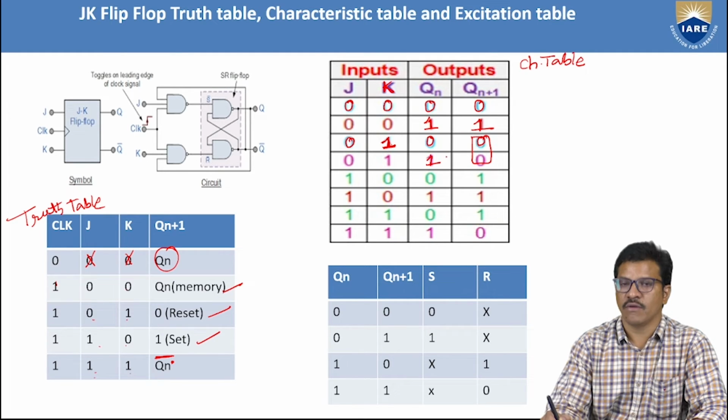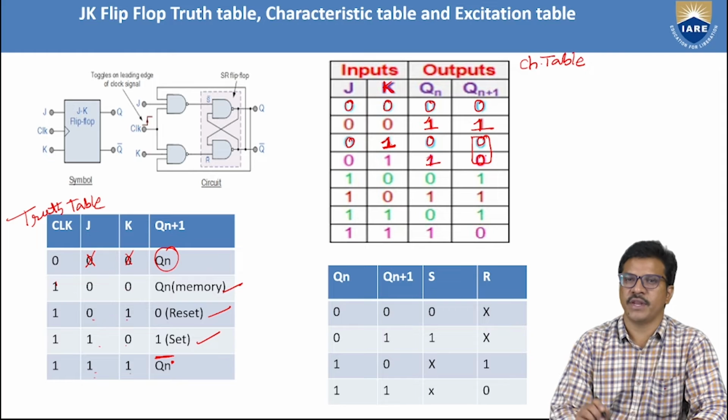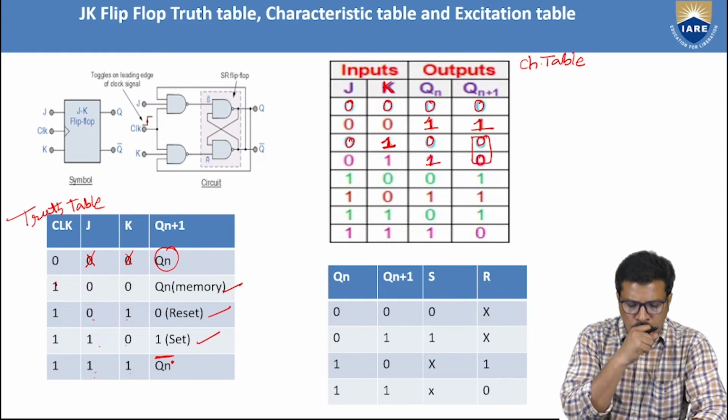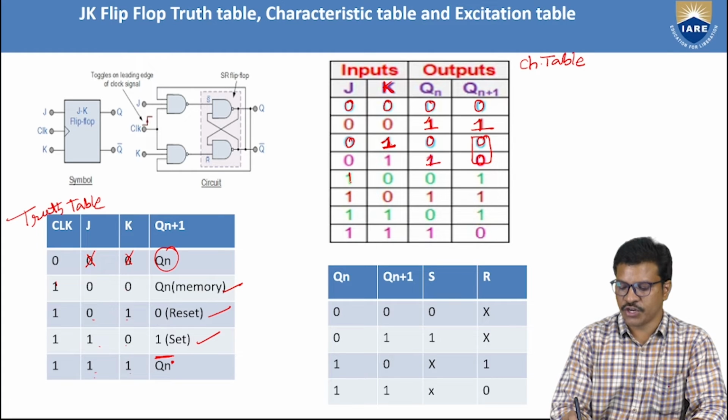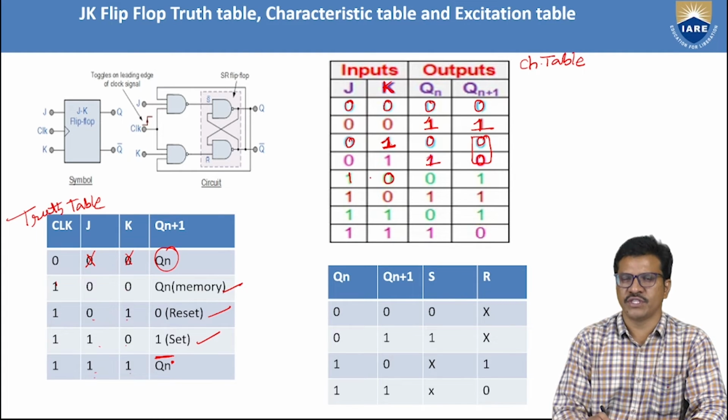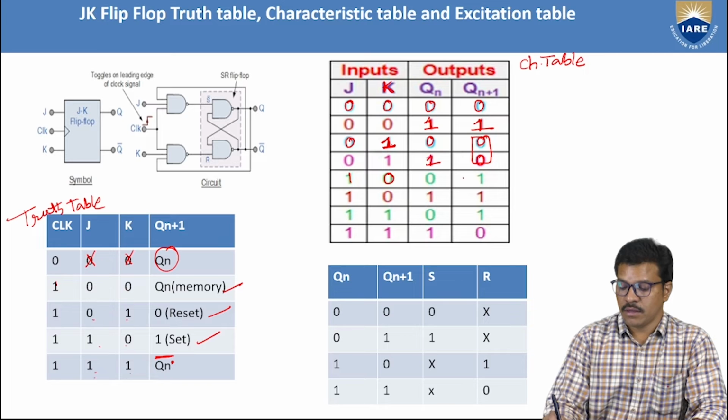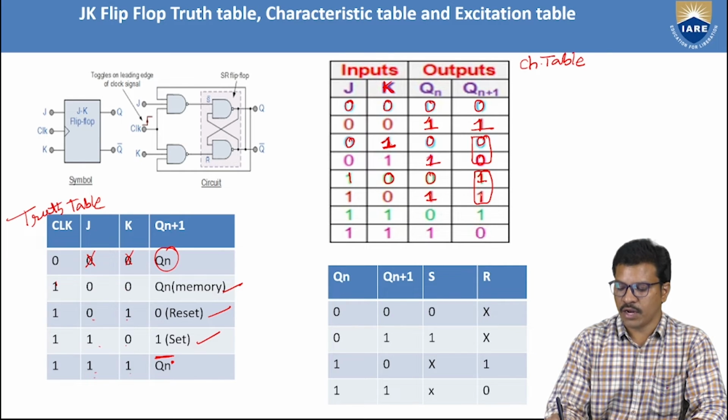If it is 1, again it will be reset to 0. Next case, the 1, 0 case: you will get a set output irrespective of present state. If present state is 0, output is 1. If present state is 1, again it remains in the set state.